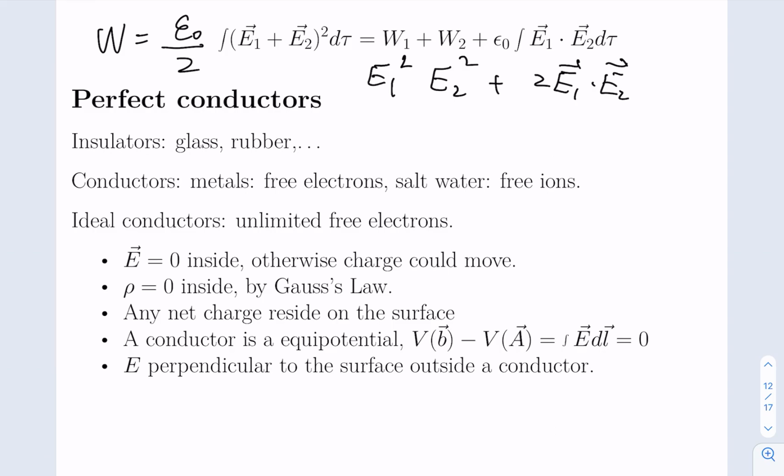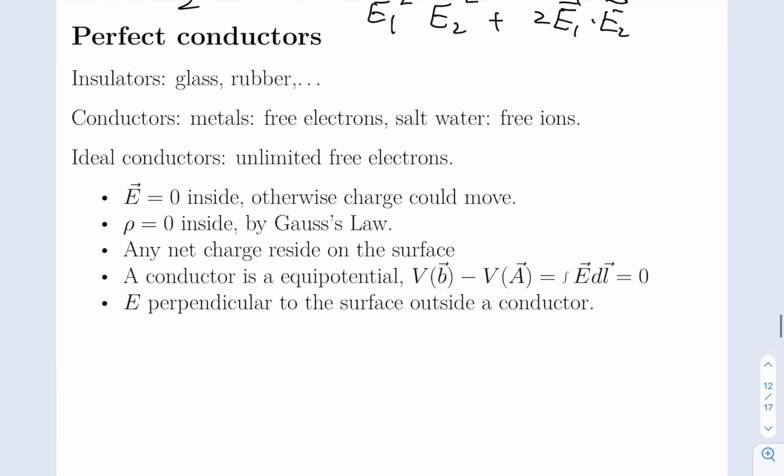Now, next we want to discuss the last topic in this chapter 2, which is conductors. For conductors, we are very familiar that typically for material there are two kinds that we are interested in in electrostatics. One kind is the insulator, which is glass, rubber, or many other materials.